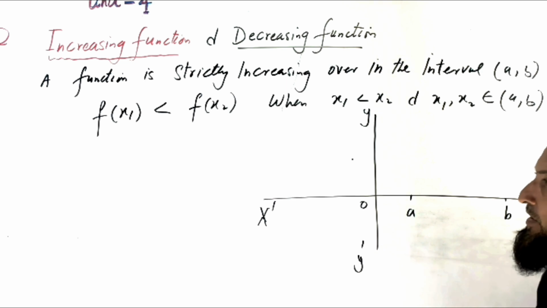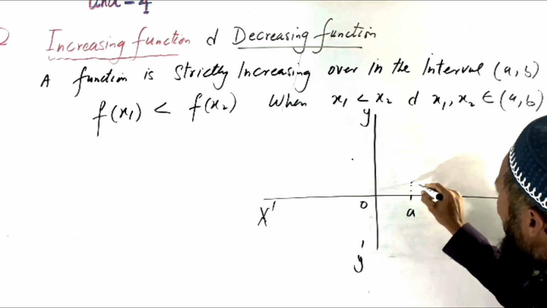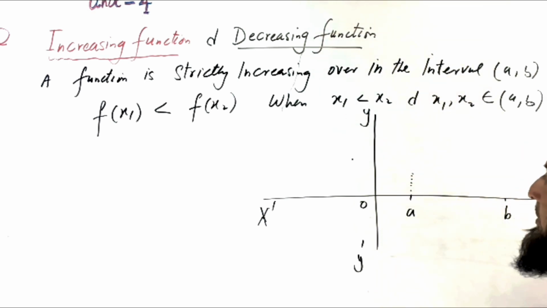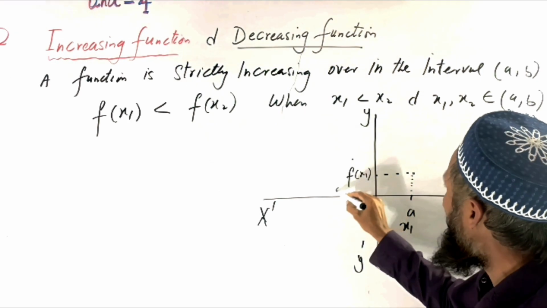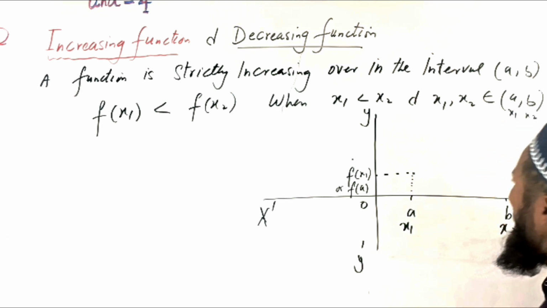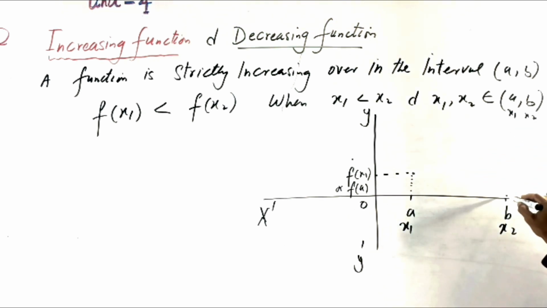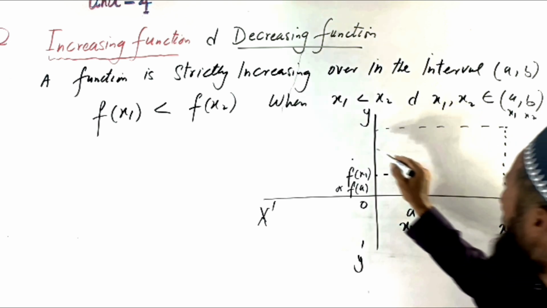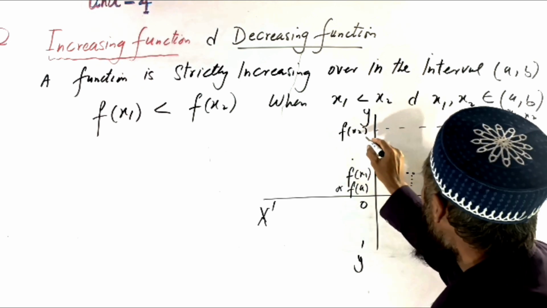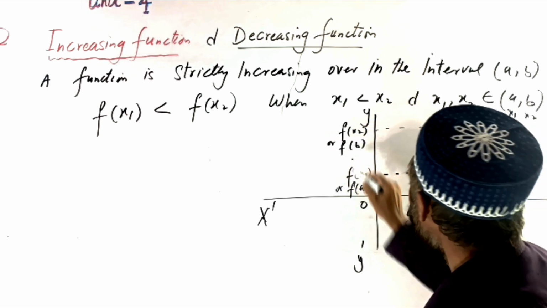So f of x1 is that point, where x1 and x2 belong to this interval. f of x1, or f of a, must be less than f of x2, or f of b.